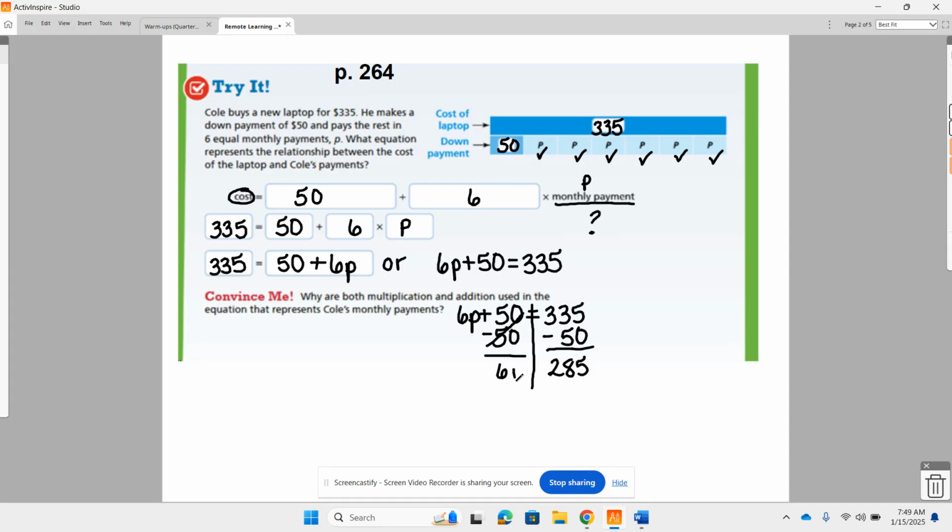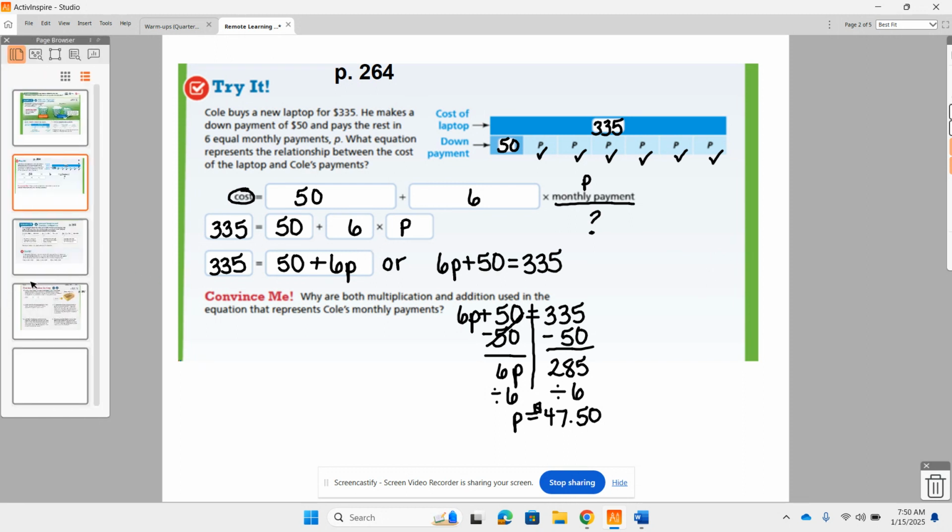Bring down 6P, and then we'll divide both sides by 6. And that will give to us 47.50. So each month will be $47.50. All right, that's a little bit of help on 264.